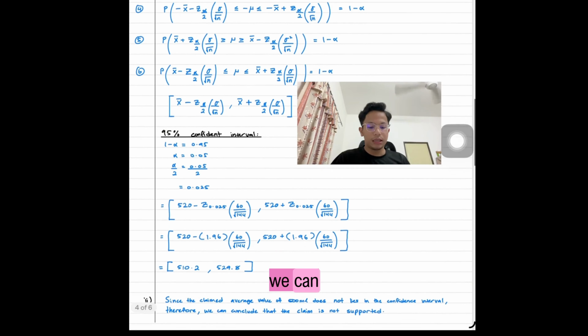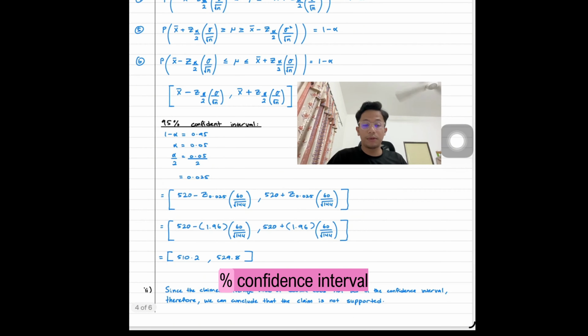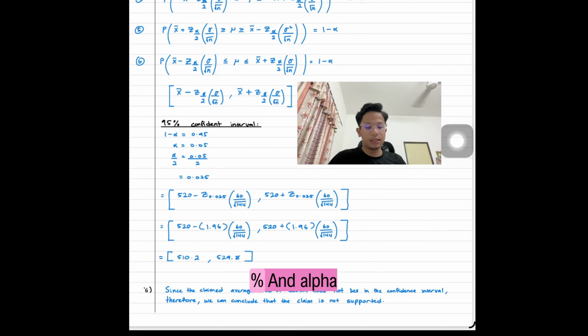After that, we can calculate for the 95% confidence interval. So 1 minus alpha is equal to 95%, and alpha is equal to 0.05, and alpha over 2 is equal to 0.025.